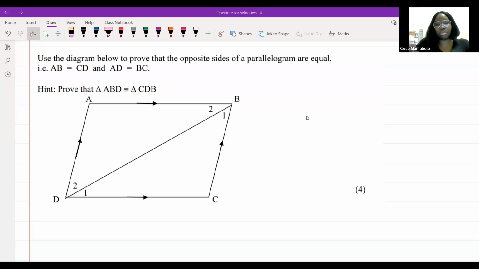By angles, you mean which angles? I'm not sure which angles you're referring to. B2 and 1 and D2 and 1. Are they correct? I mean, they don't have values, so I don't know in what sense you mean.